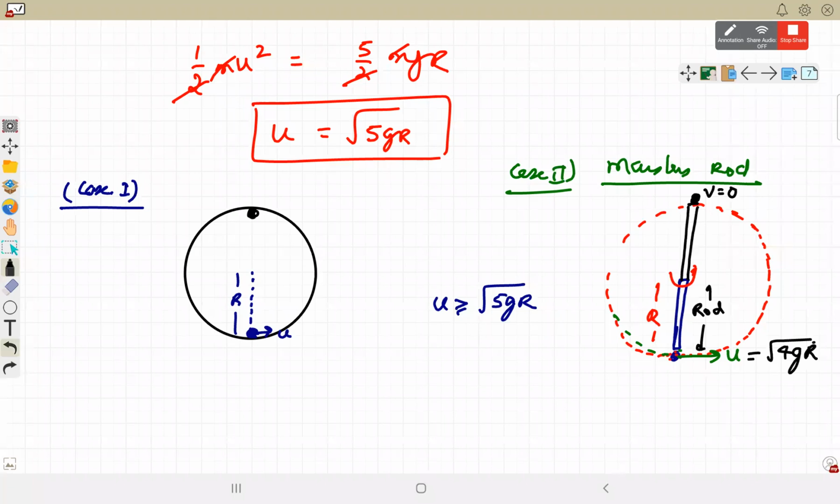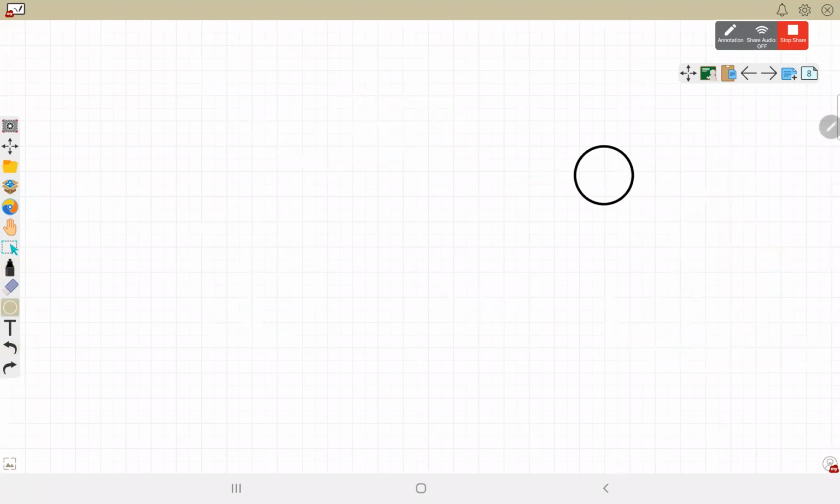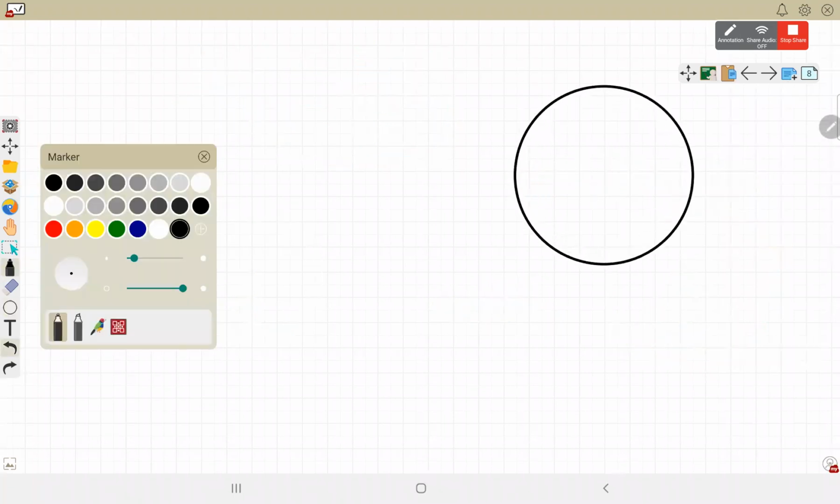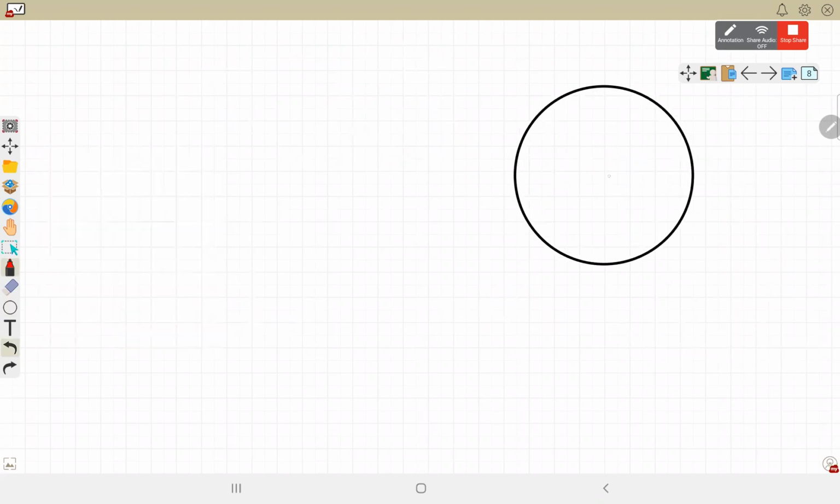Now the second type of question comes: find the tension. Suppose this is a string attached with a bob of very small mass m. At the lowest point we give a speed, let's say, root 7 gr. Find the tension in the string at point A, at point B, which is making an angle of 60 degrees, at point C, and at point D. We'll do one or two, the rest you will understand how to do.